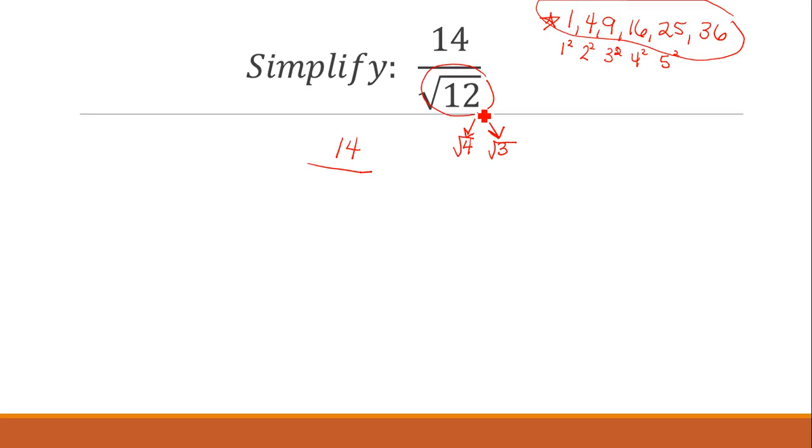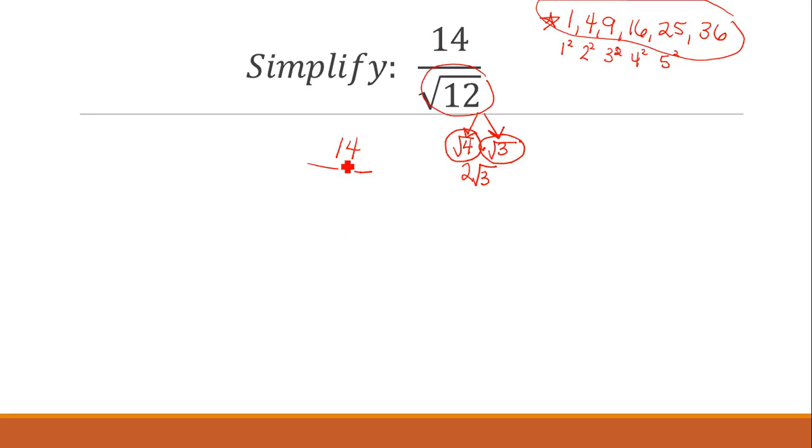So the square root of 12 is split apart into the square root of 4 times the square root of 3. But the square root of 4 is something we know. That part becomes the number 2. And the square root of 3 isn't a perfect square, right? It's a decimal value. So we're going to leave that part alone. It can't be broken apart any further.